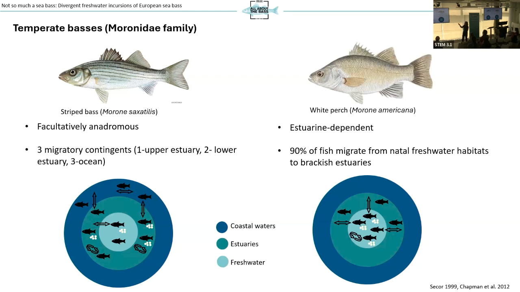We have two examples of fish species native to North America for which it has been shown that they do have these different migratory contingents: one reproducing in fresh water and estuarine water, and then moving along the whole salinity gradient, and one which reproduces only in fresh water, but then uses a lot of the estuarine areas.